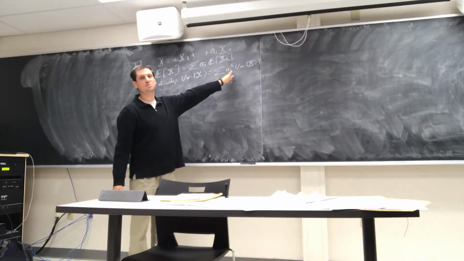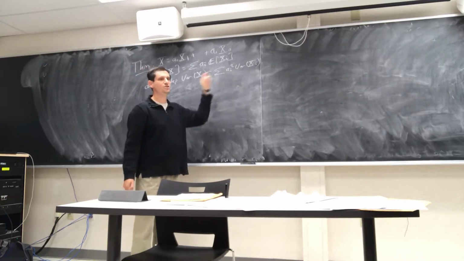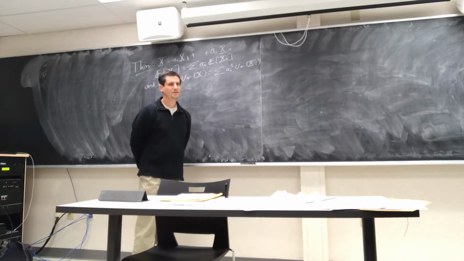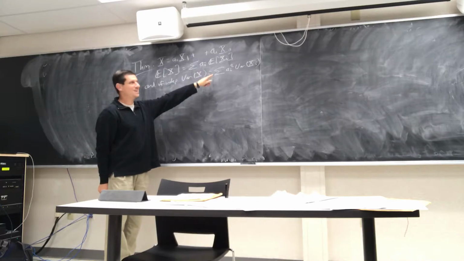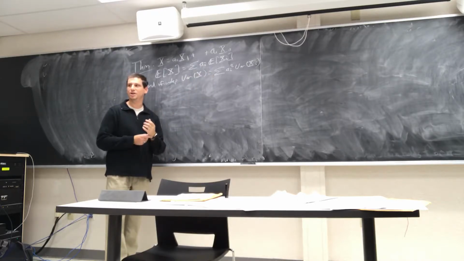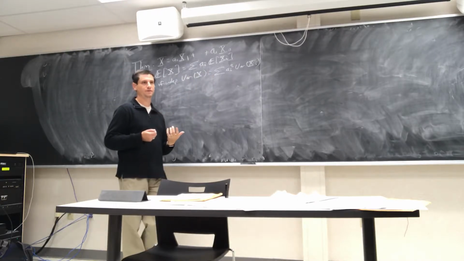Why do I know it can't just be ai? As I was writing it, I realized it can't just be ai. Yes? Because you can cancel each other out. Yeah, if I imagine that all the a's are negative, I can then have my variance as a negative quantity, and variance can't be negative, right?